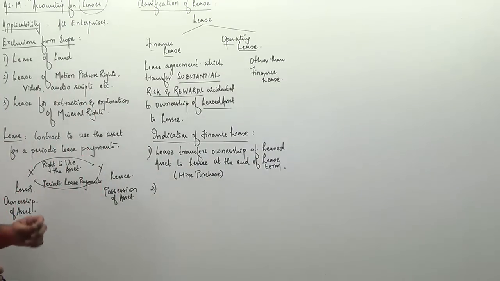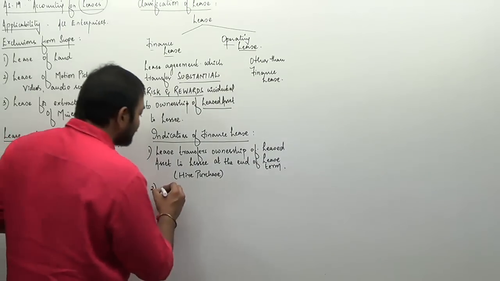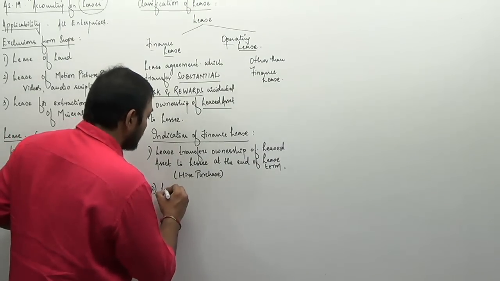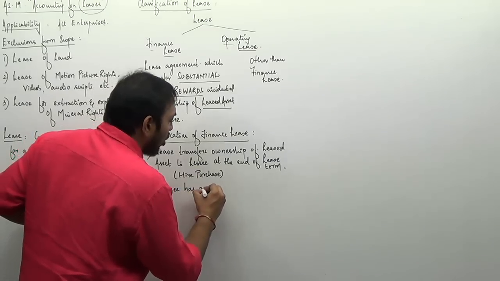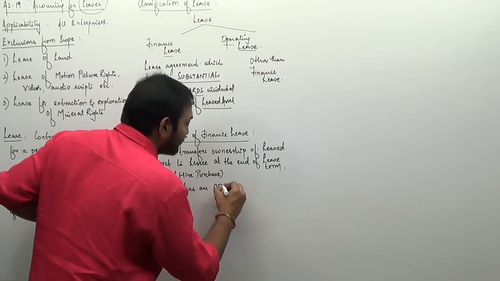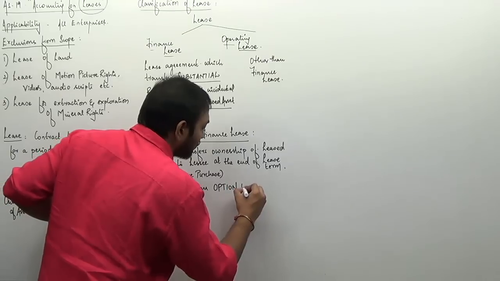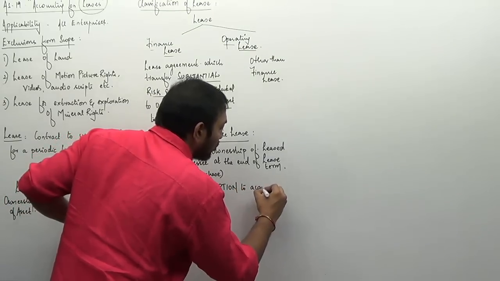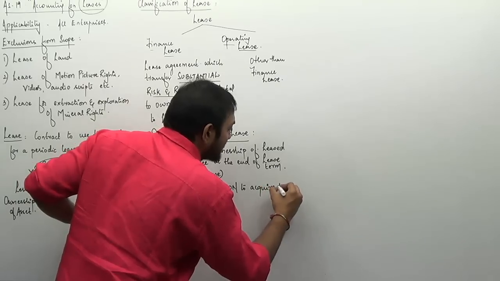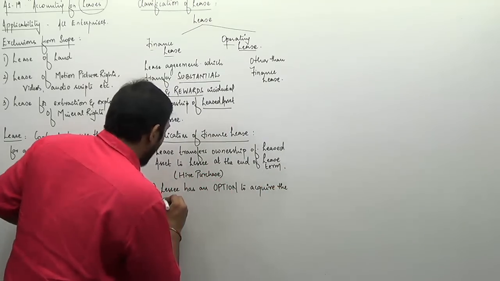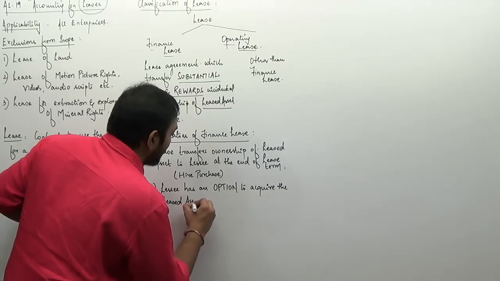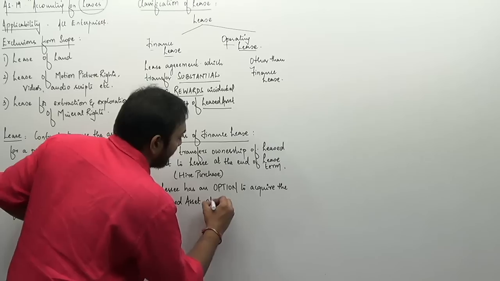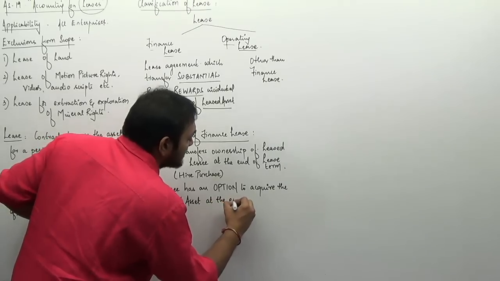The second condition is the most critical of all. Lessee has an option to acquire the leased asset at the end of lease term.